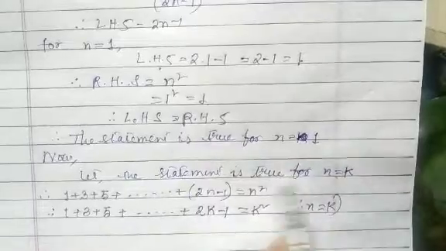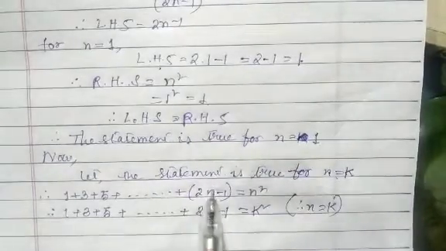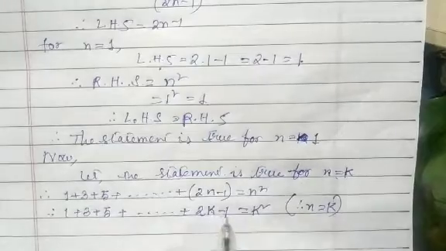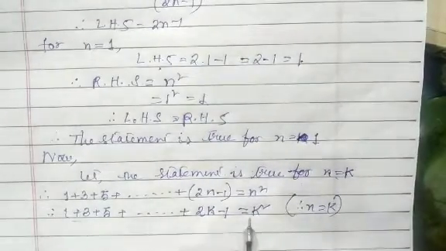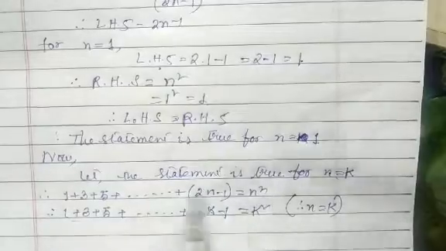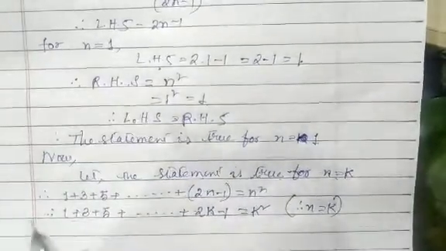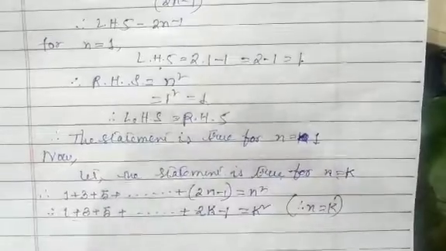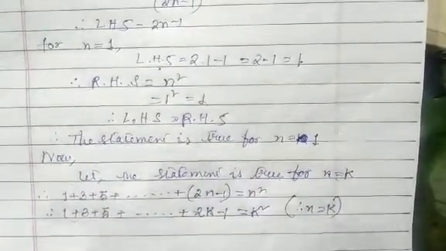Therefore n is equal to how much? k. So we have taken that for n is equal to k, the statement is true. In place of n we have put k, and here also k, and the left hand side is equal to the right hand side, because we have already taken that the statement is true. So this is already assumed true. Now we have to check whether for n is equal to k plus 1, the statement is true or not.